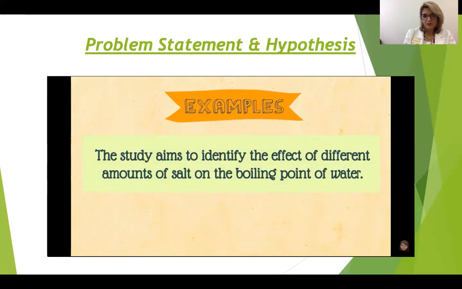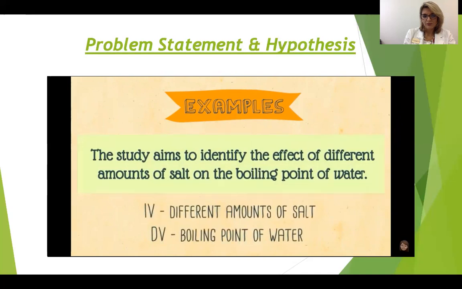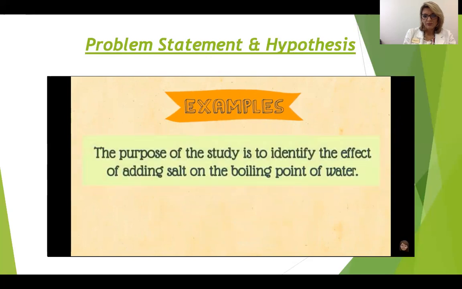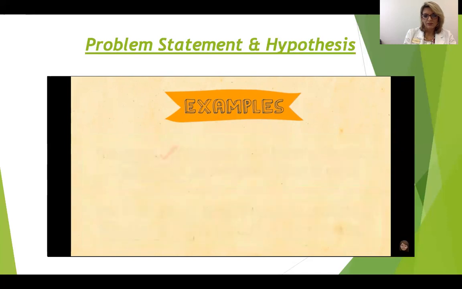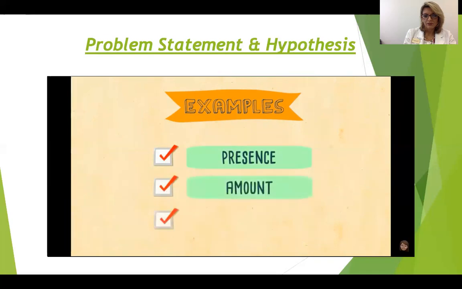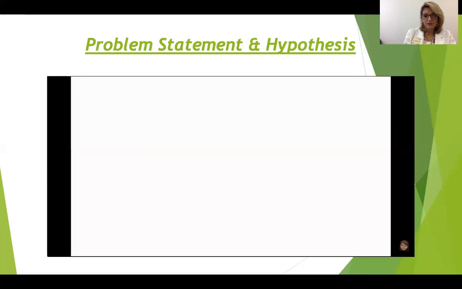The independent variable here is the different amounts of salt, and the dependent variable is still the boiling point of water. Notice that the two experiments are almost the same, but not quite. The difference in the independent variables will call for a different kind of experiment. Note that it is also very important to emphasize words such as presence, amount, or concentration in your variables.